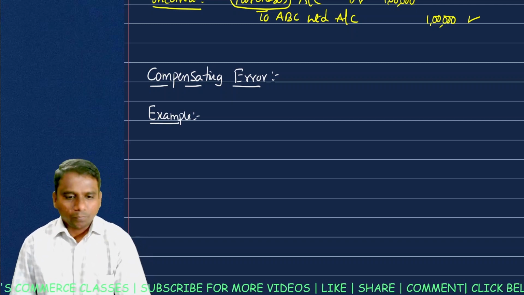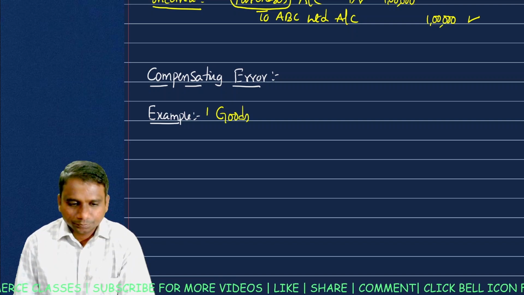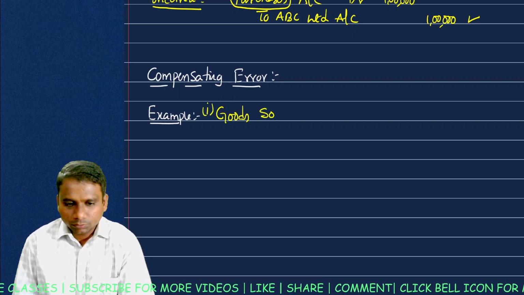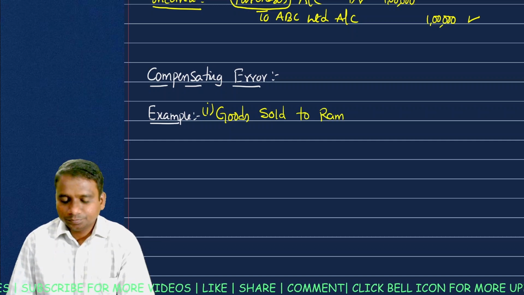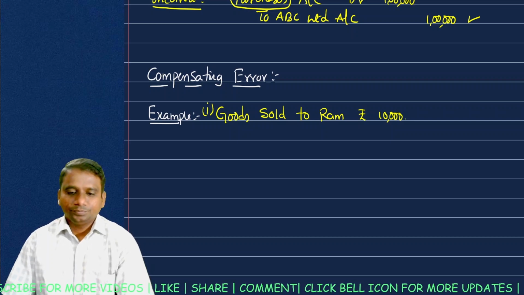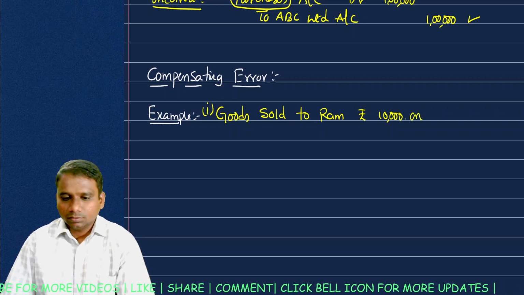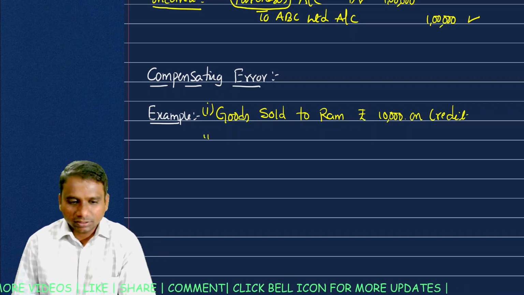Okay, try to observe. Goods sold to Ram, rupees 10,000, on credit. This is one transaction.